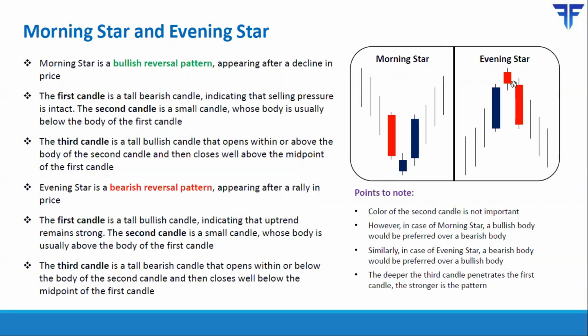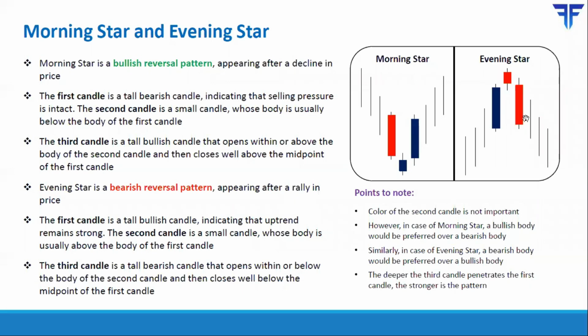The second candle is a small bodied candle, preferably red in color. If you compare the first candle with the second candle, it resembles a star pattern because the body of the second candle is small and it is above the body of the first candle. So by the time the second candle completes, it tells you that the uptrend is possibly starting to weaken.